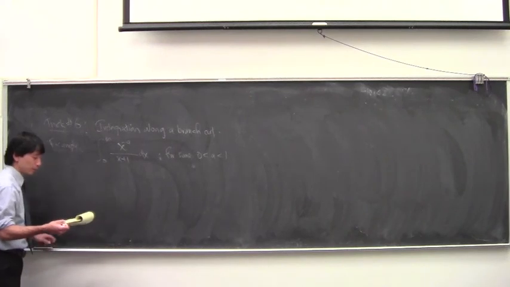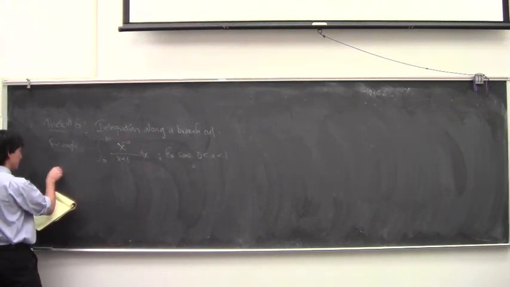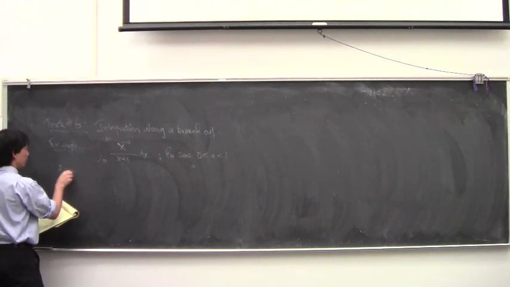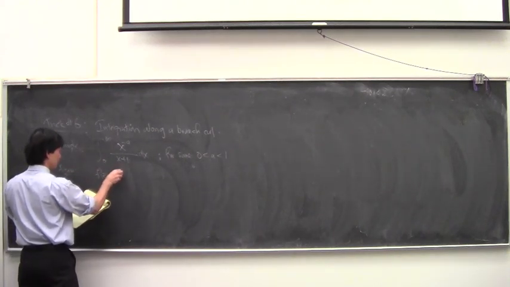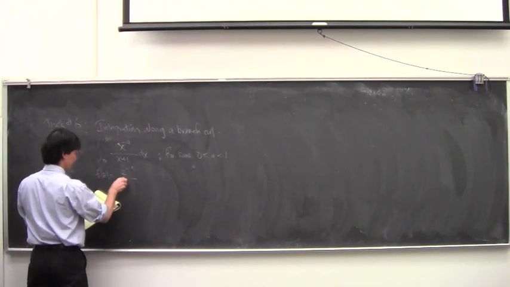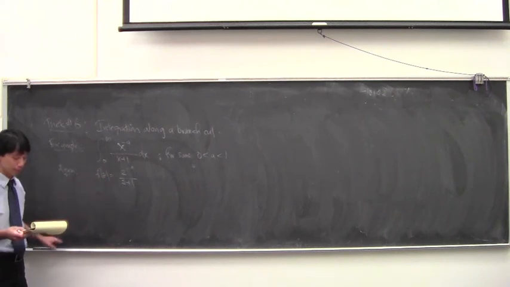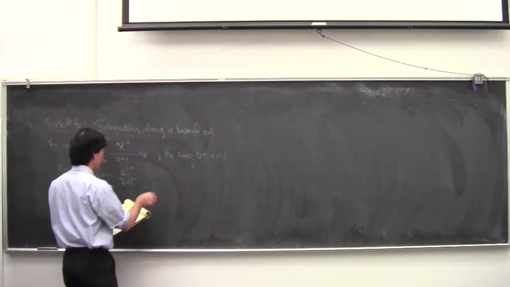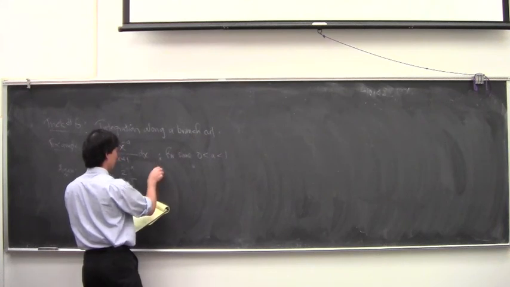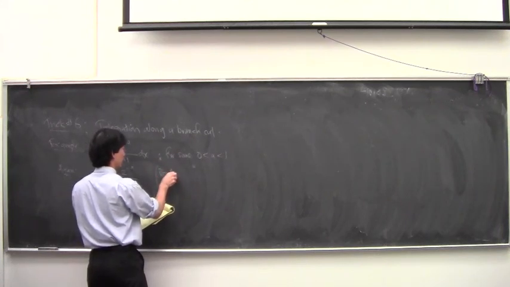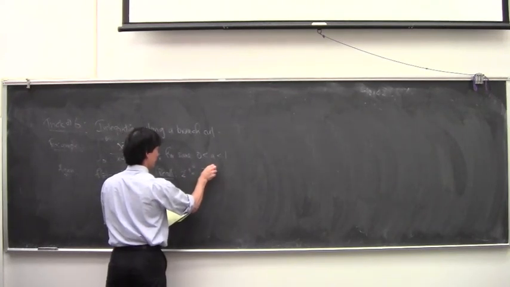Okay, so here's what we're going to do. Again, we'll take f of z to be z to the minus a. We have some complex variable function here. So recall that z to the minus a is e to the minus a log z.